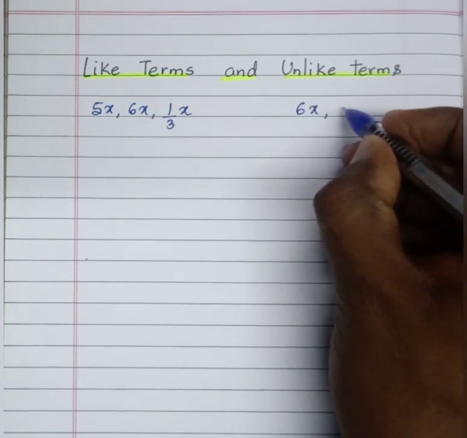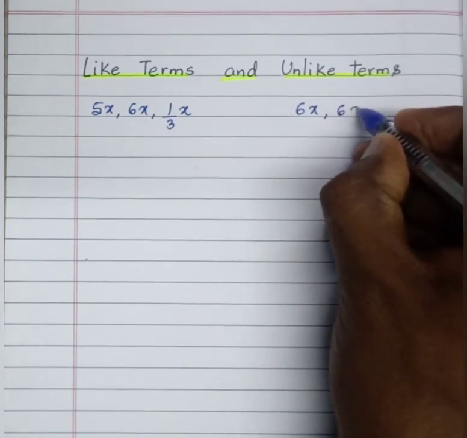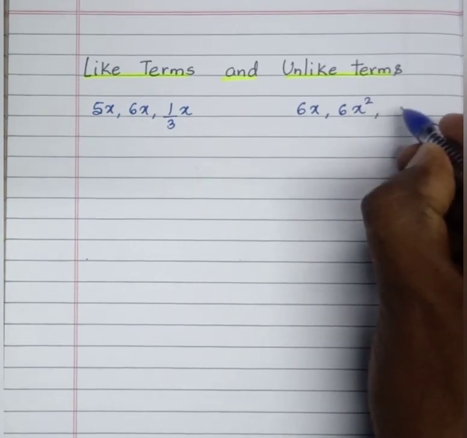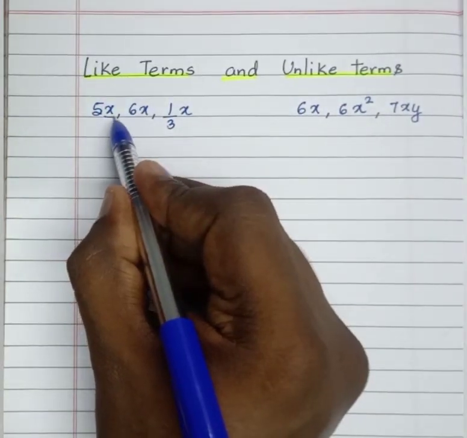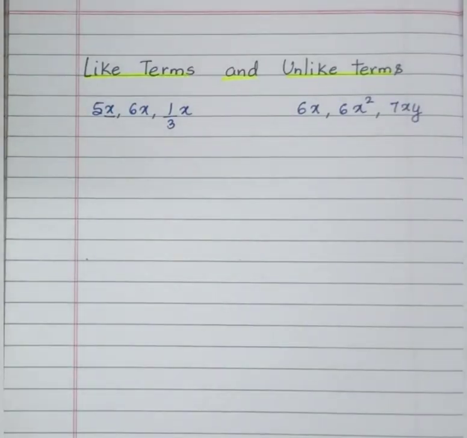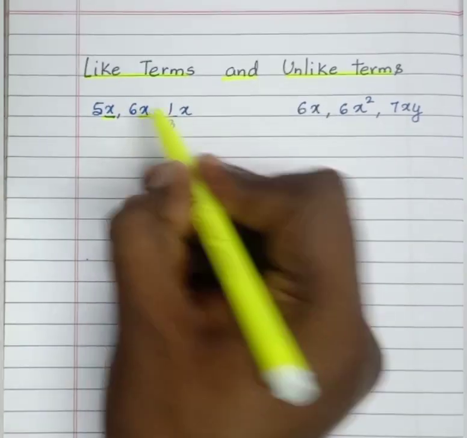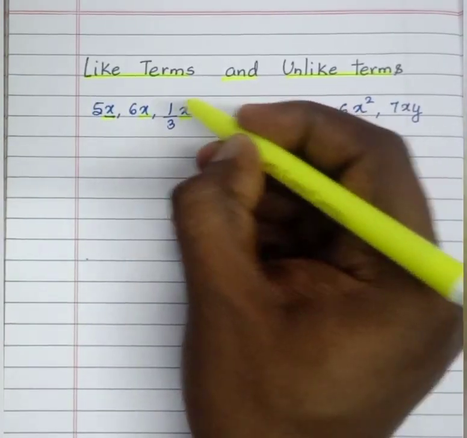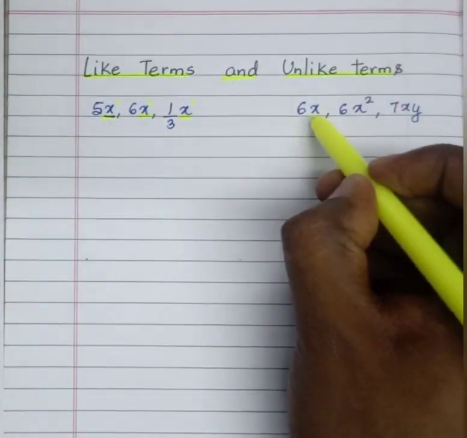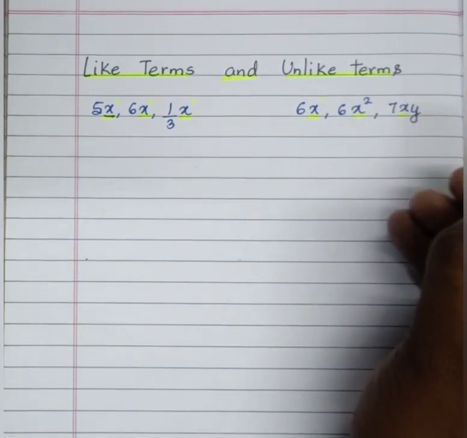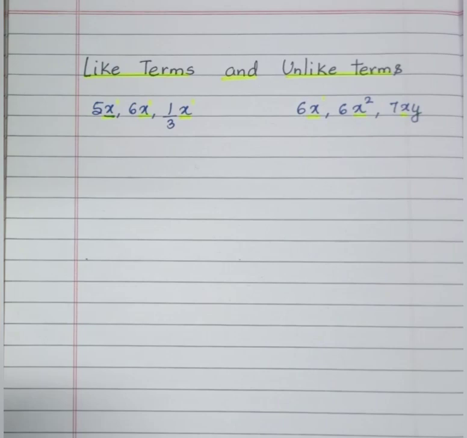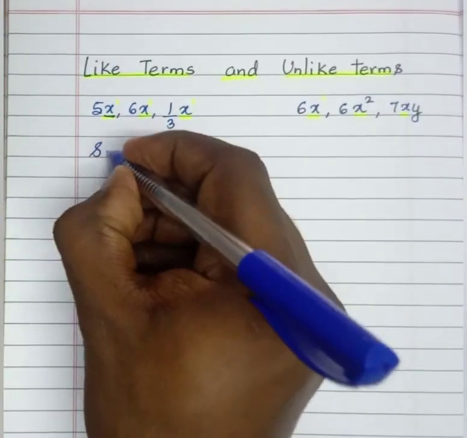Next, 6x, 6x square and 7xy. Now, if you see, all these terms in the first group have the same variable x and the exponent is 1, 1, 1. Here, the variables are different and the powers or exponents are different.